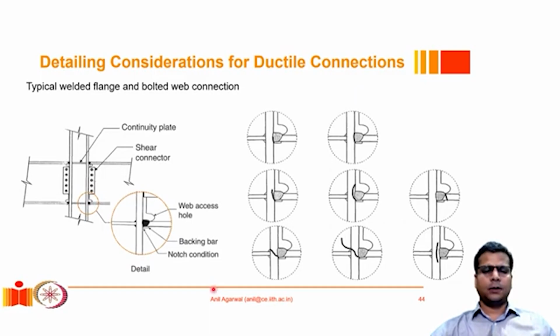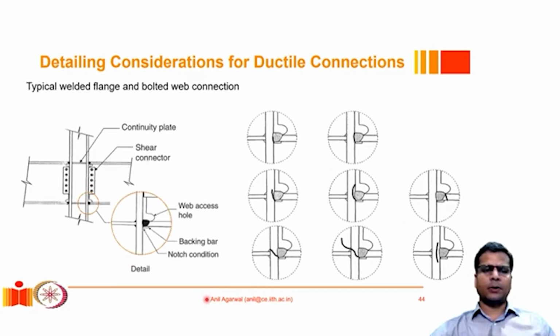With this slide, I am concluding this course. I was able to cover topics such as basics of welding and bolted connections, then the design of bolt groups and weld groups, then designing of frame members which are non-ductile detailed, and then some guiding principles for the design of ductile connections.